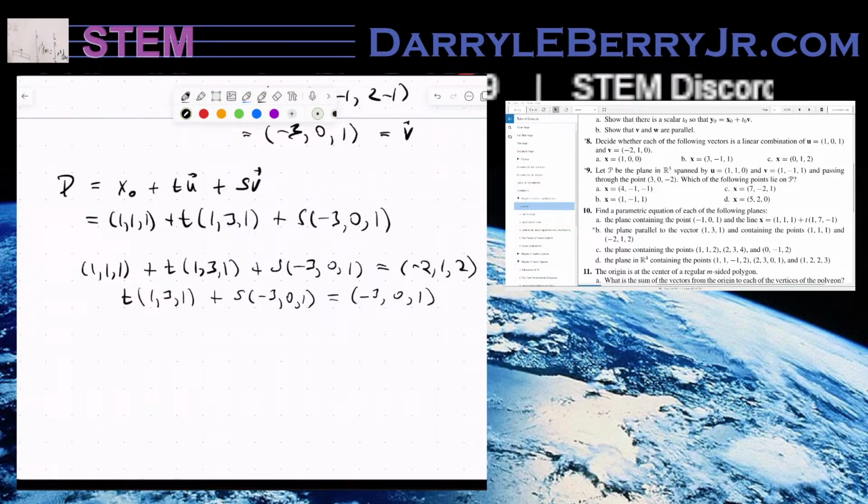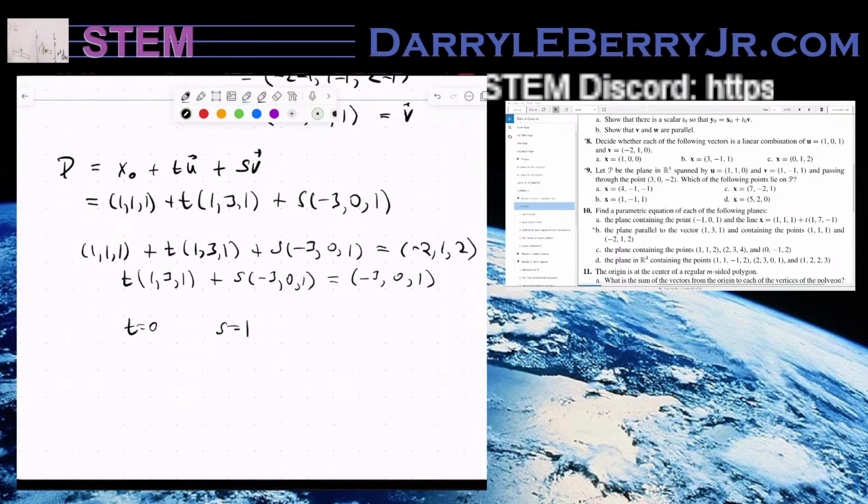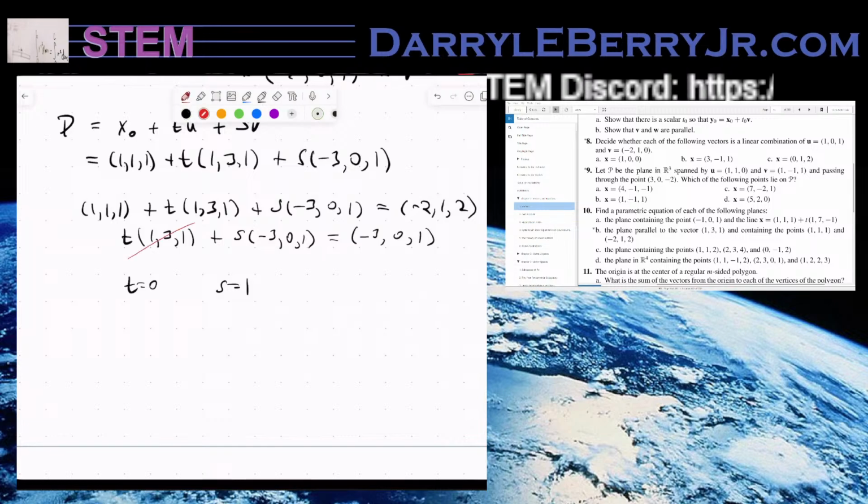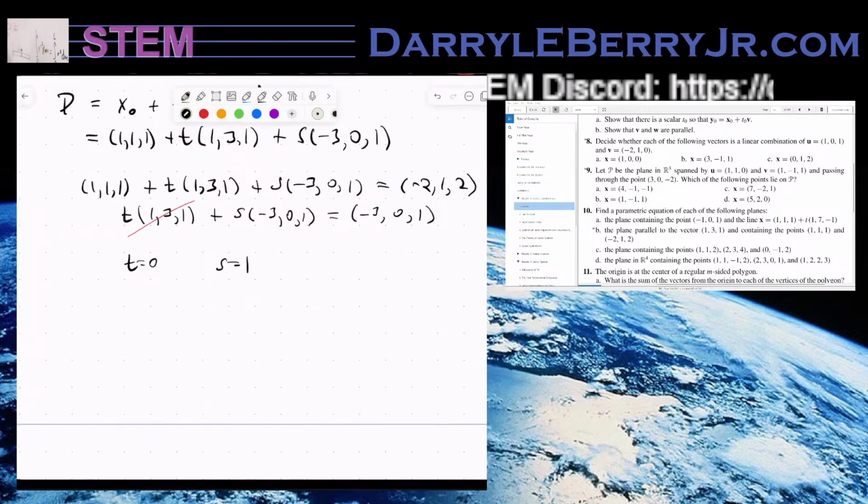This is easy enough. If we made T equals 0 and S equals 1, that works. So if T was 0, this would cancel out. If S was 1, then you would have -3, 0, 1 equals -3, 0, 1.